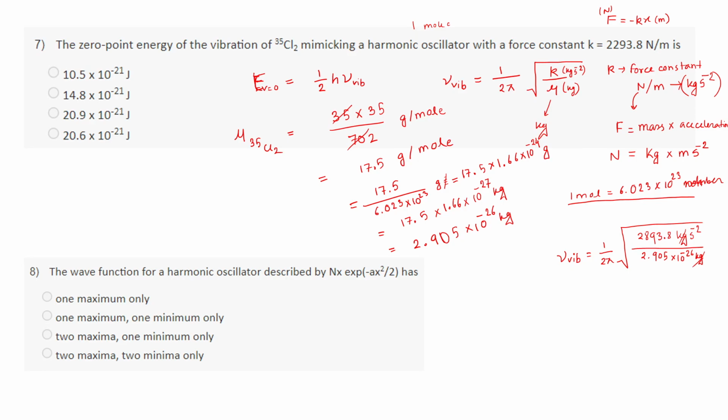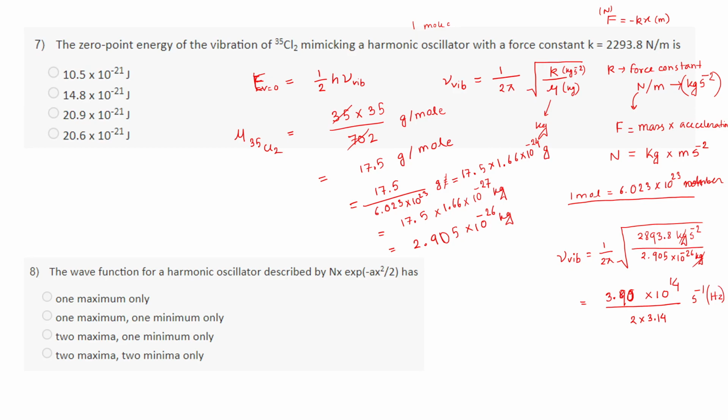Okay, so that would give me, and if I took a square root of that it would give me 3.89, or suppose 3.90 into 10 to the power 14 by 2 into 3.14 second inverse, or hertz.